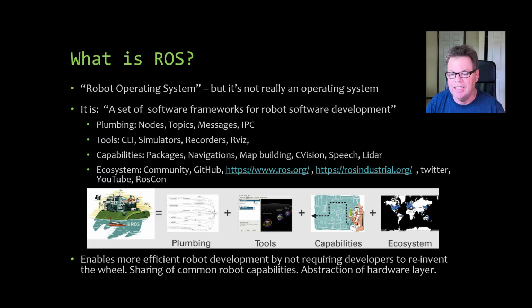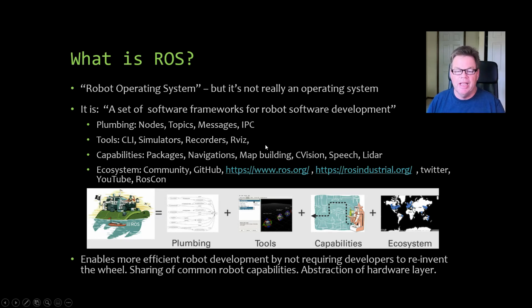And there's other things like RViz, which will show you the robot information, so telemetry coming back from the robot, and shows you that robot navigating, which makes it easier to navigate in a simulated environment.